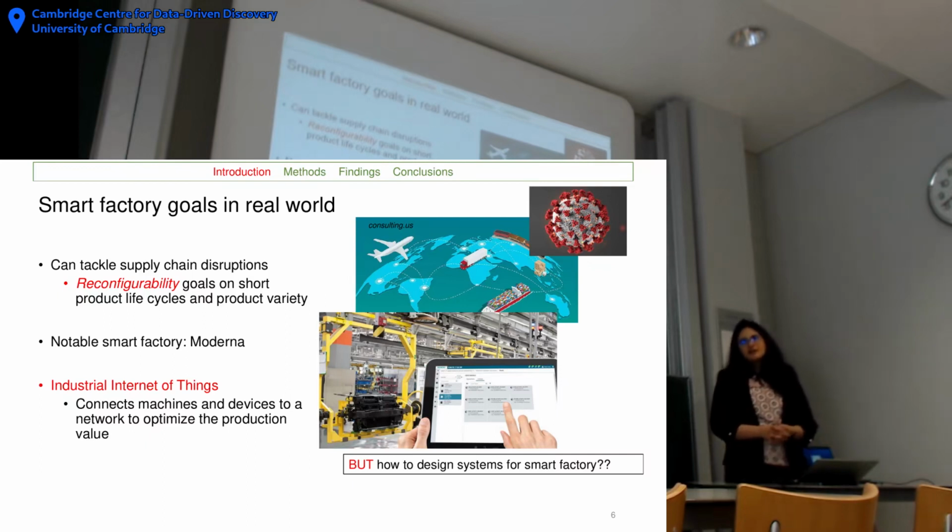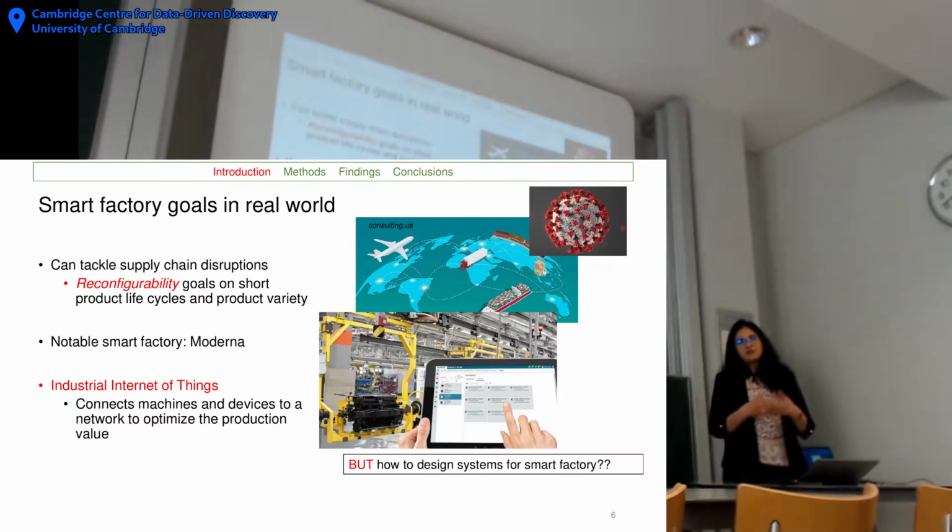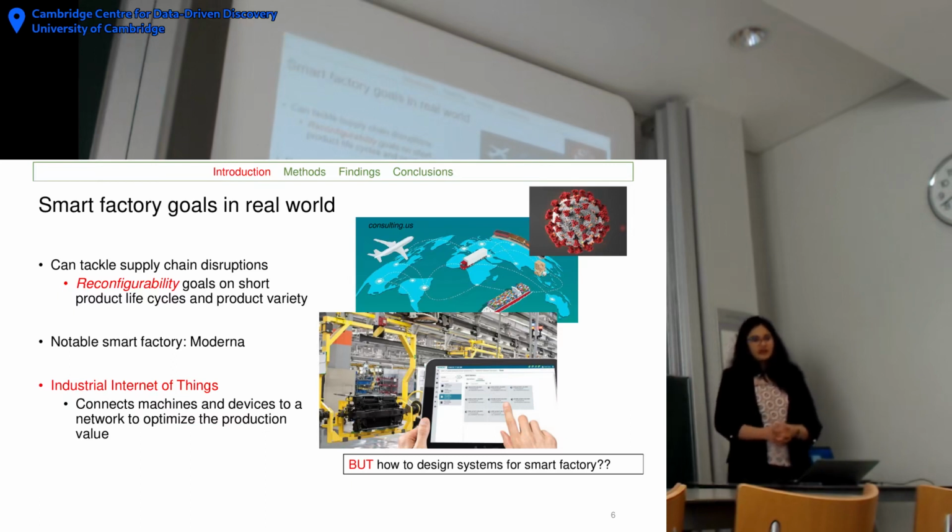In that chaotic situation, they were able to very successfully manufacture and send it to different parts of the world. This probably shows how efficient their supply chain was. They were, of course, using a lot of Industry 4.0 technologies, and their factories are quite smart. So this is one example of how smart factories are beneficial.